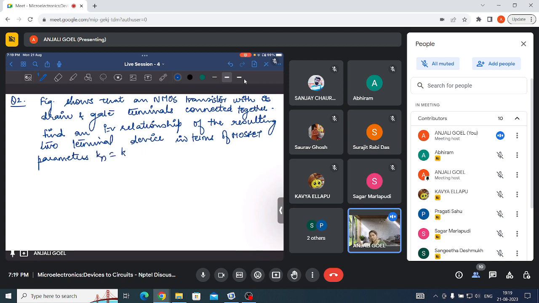Kn is equal to Kn dash W by L, and Vtn. Neglect channel length modulation.